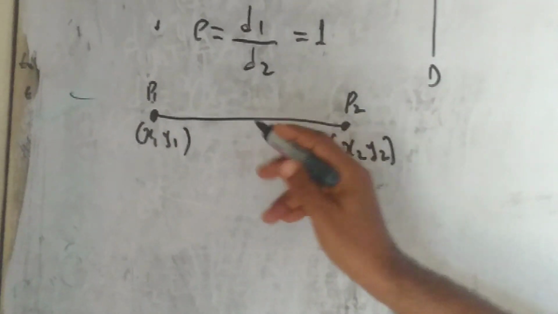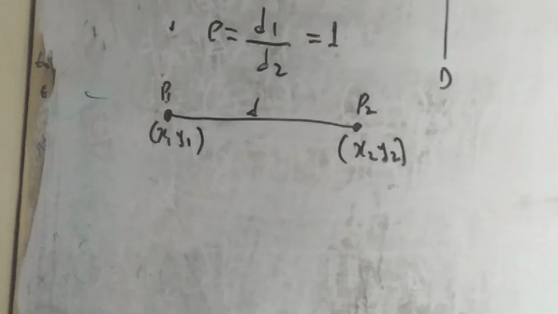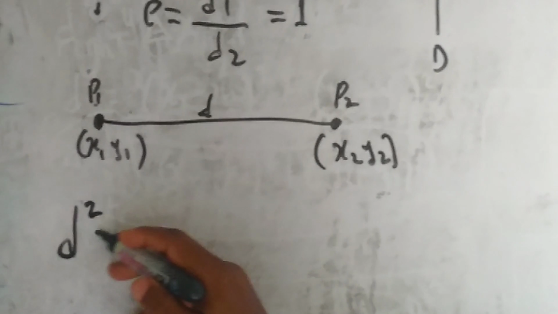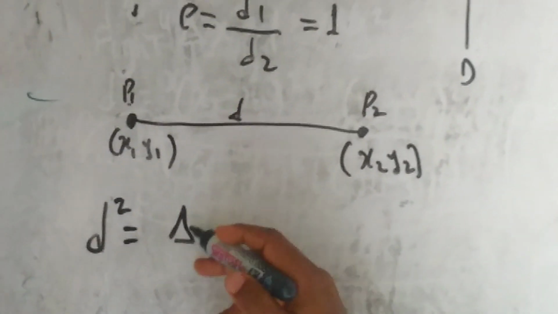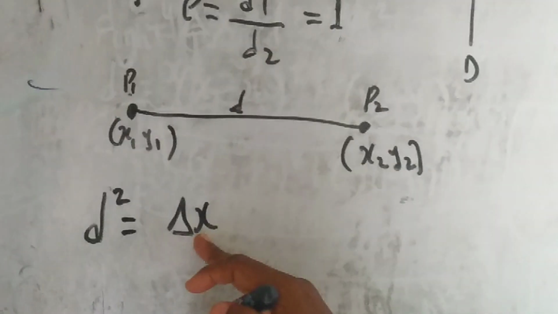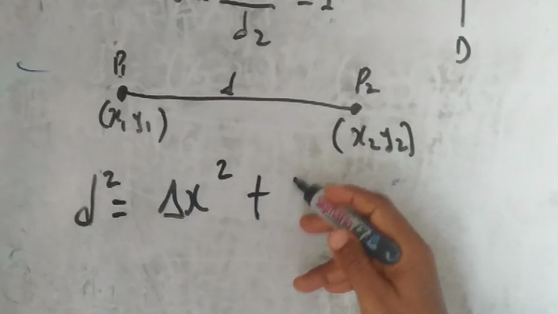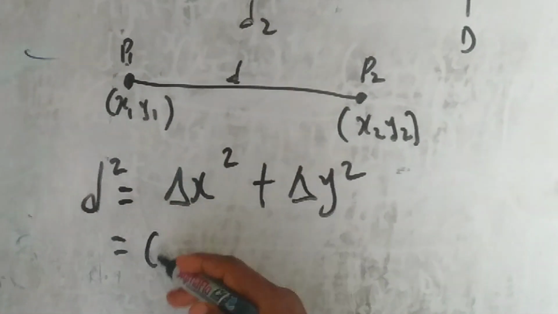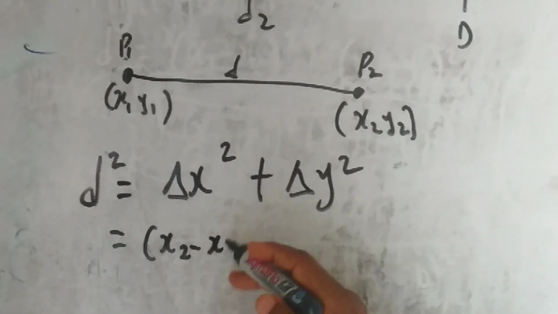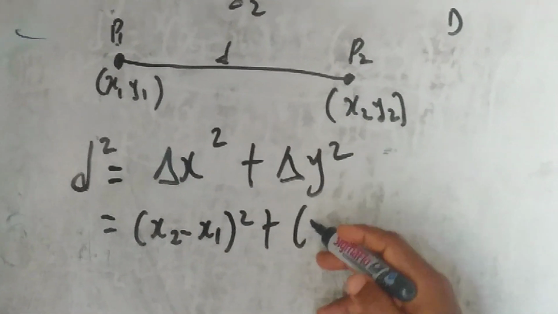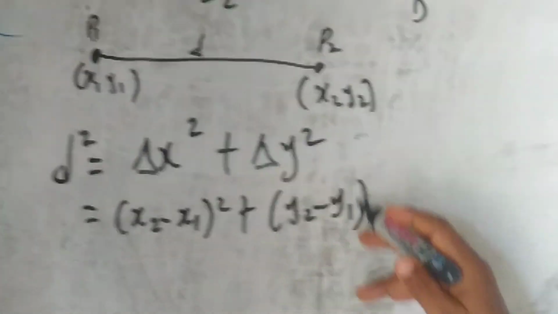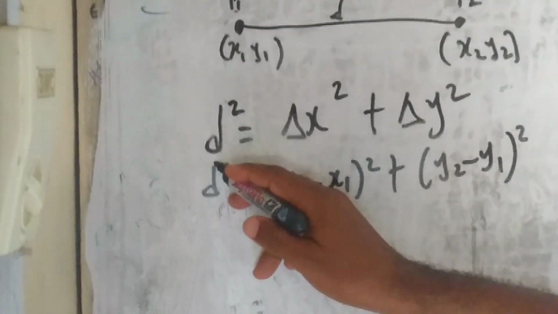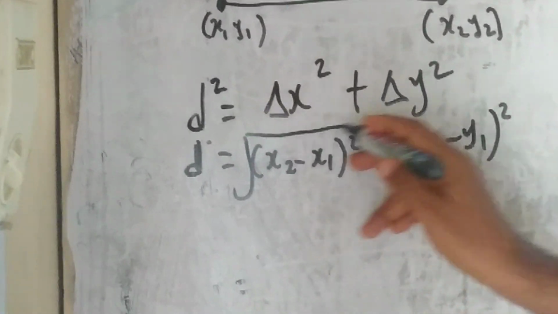Let's say the distance between these 2 points is D. Using the Pythagoras theorem, D squared is equal to the change in x squared plus the change in y squared. That is, (x2 minus x1) squared plus (y2 minus y1) squared. That is my distance D squared. But if I'm getting D, it's going to be the square root of this.